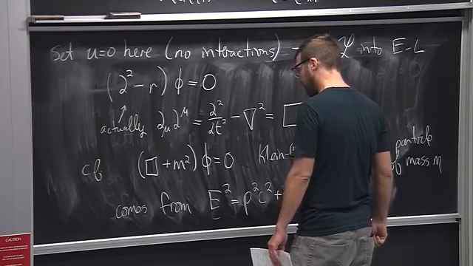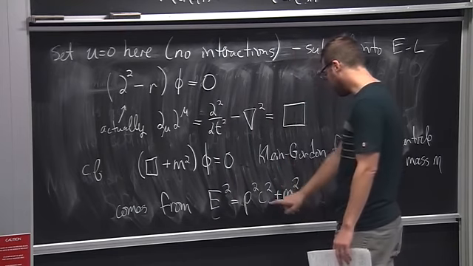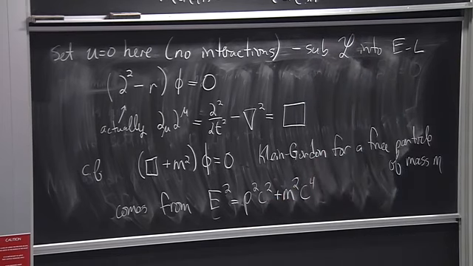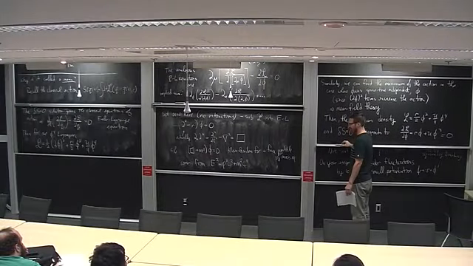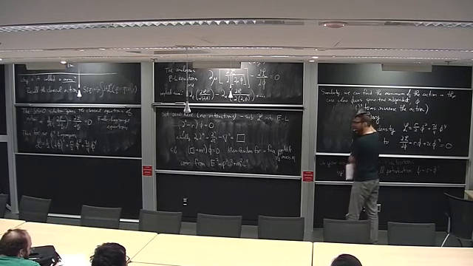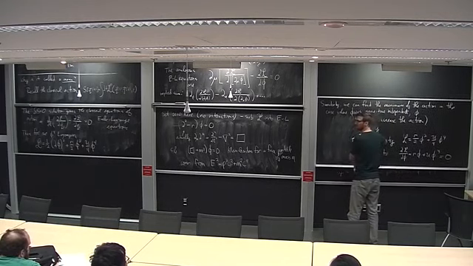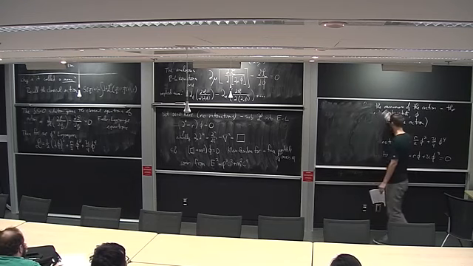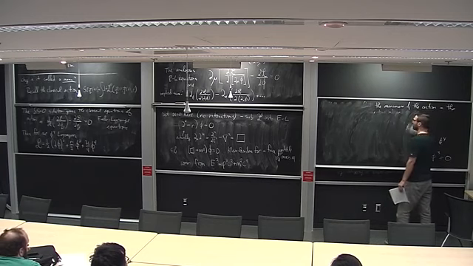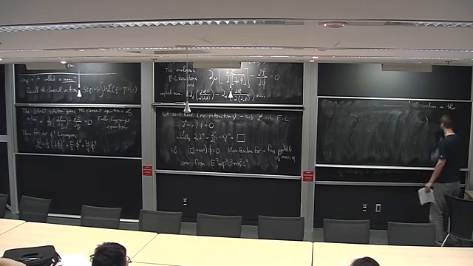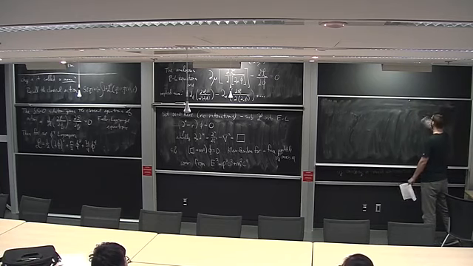So if you just write the relativistic expression for the energy in terms of momentum, m squared c to the 4th, and you substitute in the expressions for energy and momentum that come from the time-dependent Schrodinger equation. Right? So E is a time derivative, and p is a space derivative. That's all your Klein-Gordon equation is.